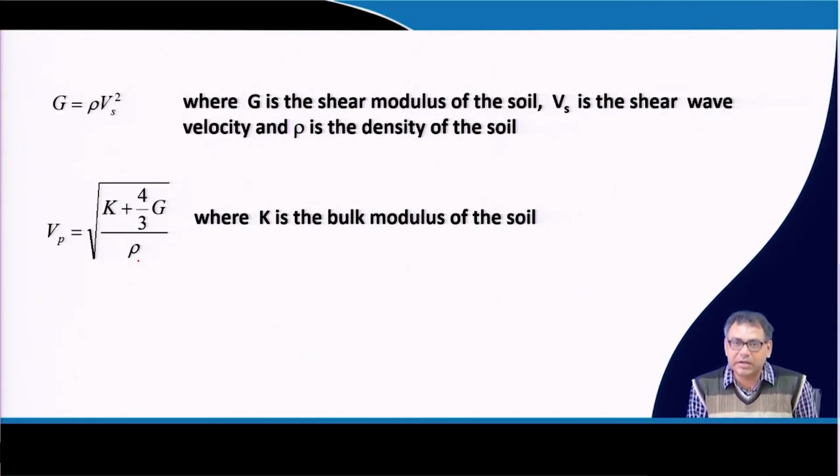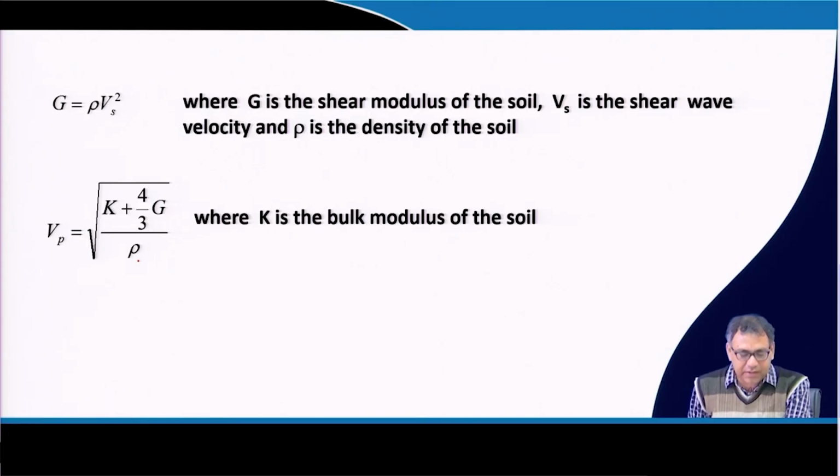Suppose you are generating Vs, then you will measure the velocity of the shear wave, and because I have derived all the equations by considering Vp, the velocity of your primary wave, but you can generate the shear wave also. If you generate the shear wave, then you will measure the velocity of the shear wave or the velocity of the P wave or the primary wave.